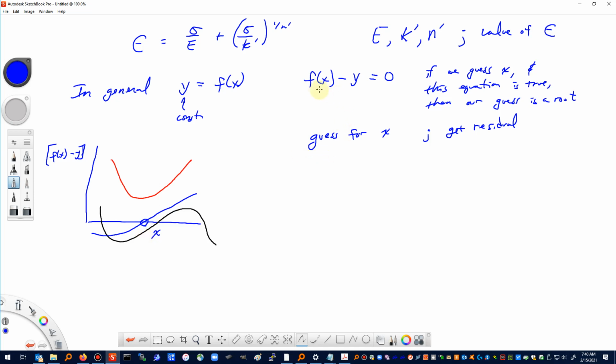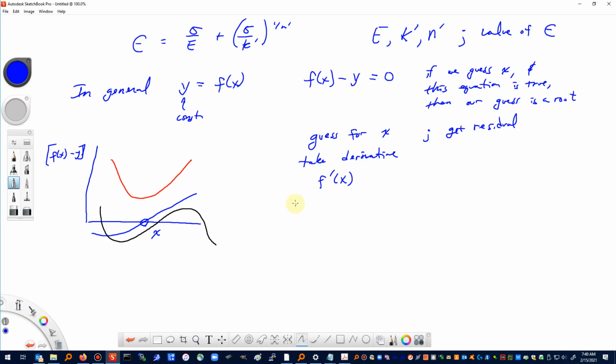So something to do with the slope is kind of interesting. What we're going to need to do is take the derivative of this entire equation here. So we're going to have an f prime of x, and of course this being a constant, the derivative of that is going to go away.